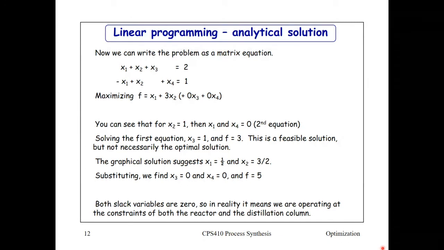Can we use Excel for the assignment as well? No, you can't, because the assignment problem is a nonlinear problem. So you've had a look at that assignment. You can see that as soon as you change the flow rate of water, that's not going to affect the flow rate of the methanol product linearly.